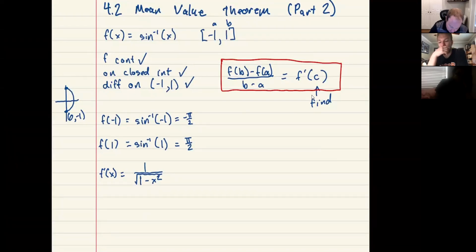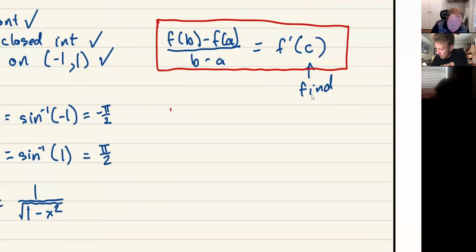We have f of b, which we computed to be π/2. Let me make the pen size a little bit smaller. So let me zoom in here. We have π/2, so f of b minus f of a is minus -π/2, and then divide that by 1 minus -1.